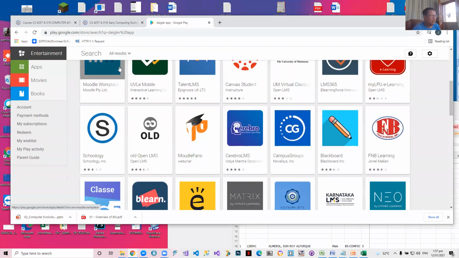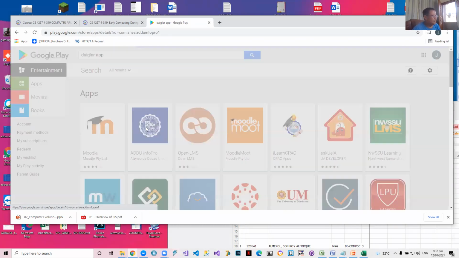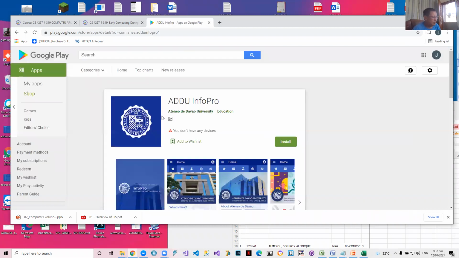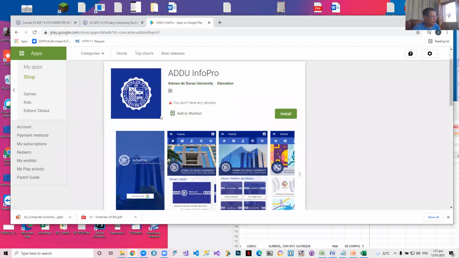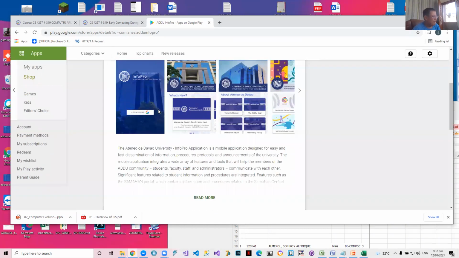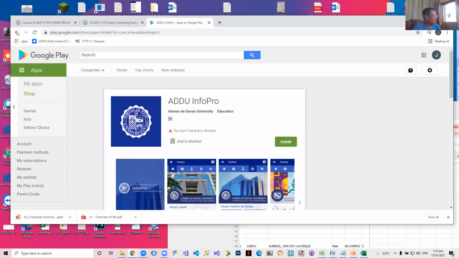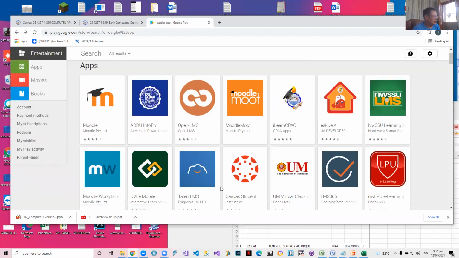Wala pa namang Diggler. Maybe it's included here. Have you tried this app? Info profile.